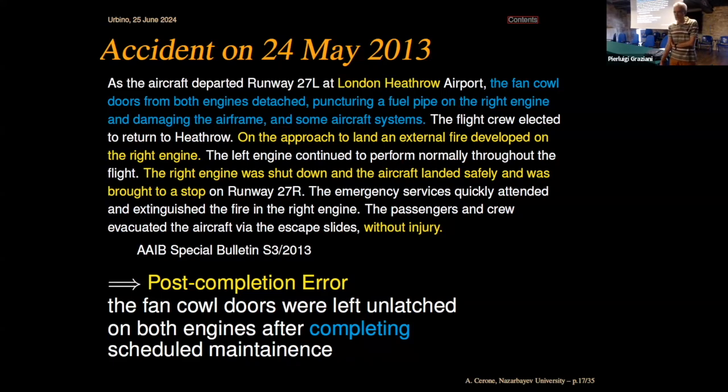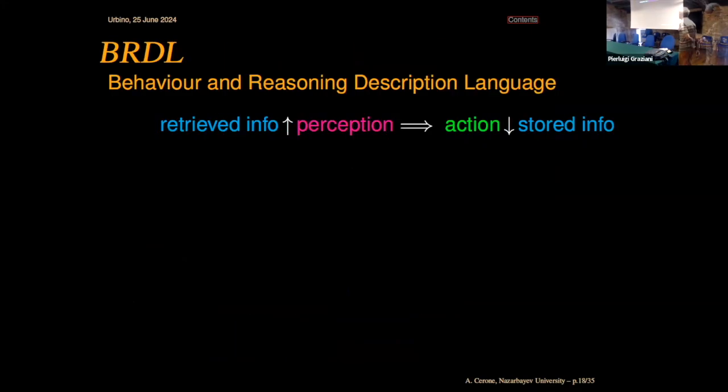The plane could fly back. The report doesn't even mention post-completion error, but after the report was completed, it was revised and it was realized that this is actually post-completion error. It was also found that previous accidents, including fatal accidents, are likely to have been caused by this. So this is a really serious problem.